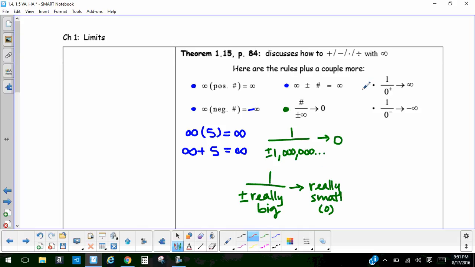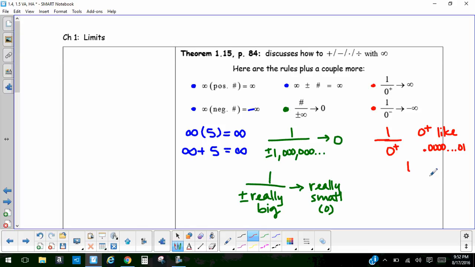Then, as I take a look at these next 2 over here, the direction matters a little bit more. We'll take a look at the positive example first. 1 over 0 from the right. So 0 from the right is like 0.0000, dot, dot, dot, 0, 1. Okay?